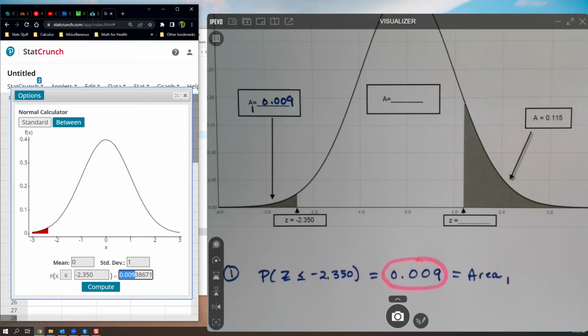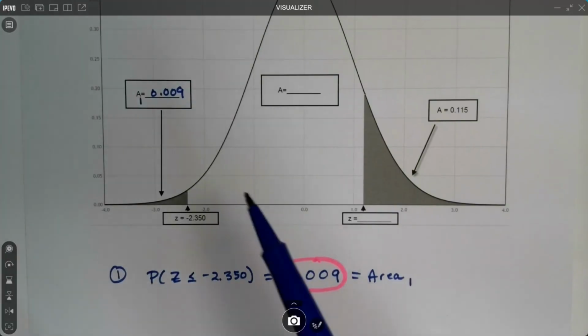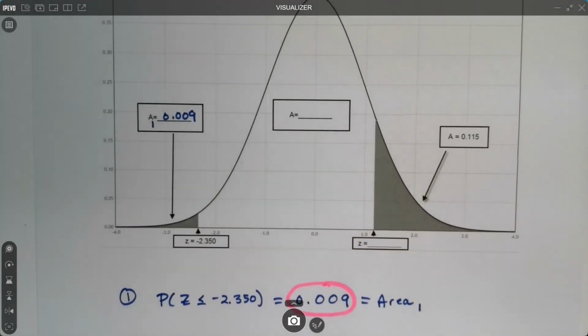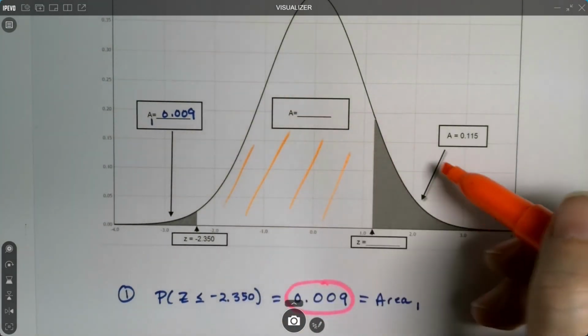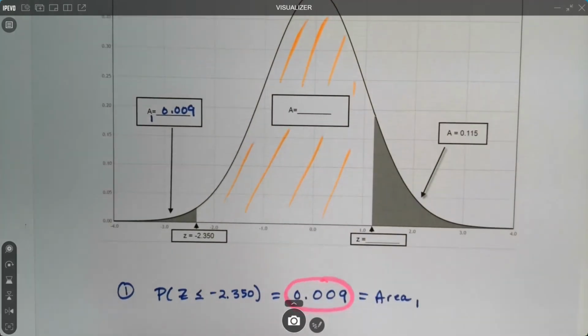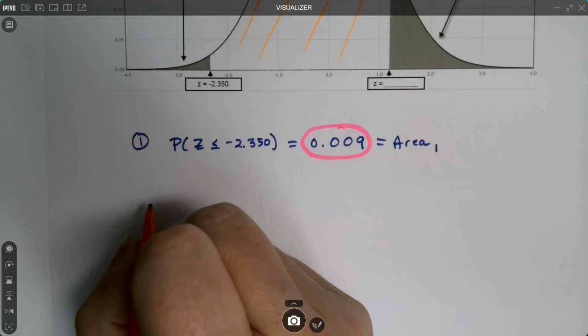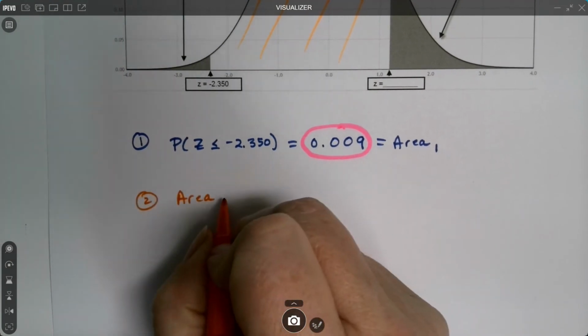Okay, well, we can find the middle area now. We don't have to wait. So the middle area is really easy. It doesn't even involve StatCrunch. You know that the whole curve makes 1, right? So the middle area has to be 1, take away the other 2 tails. So let me write that. Number 2, actually I'm just going to say area equals.